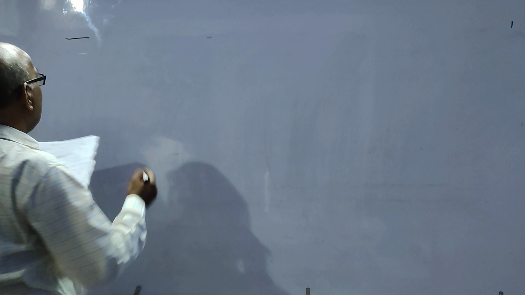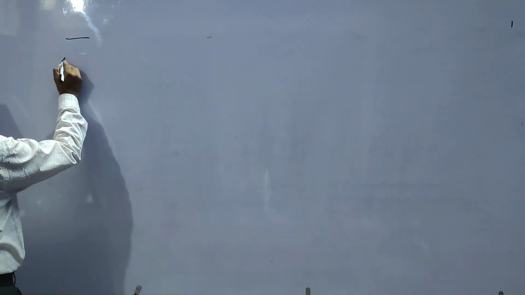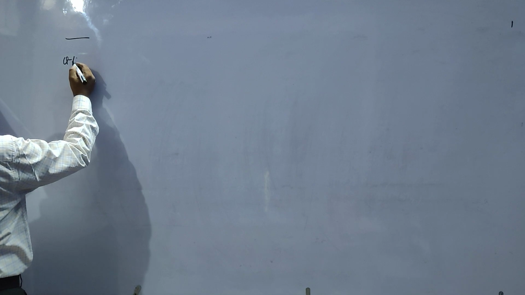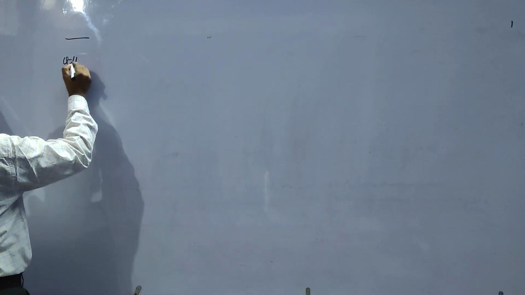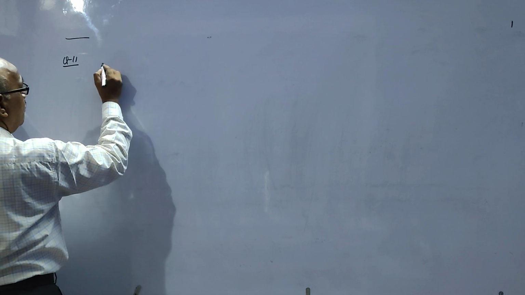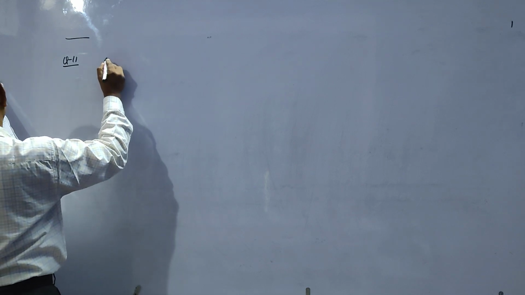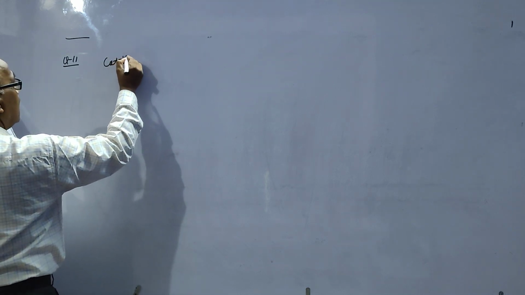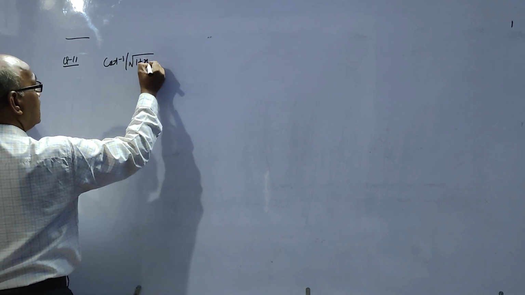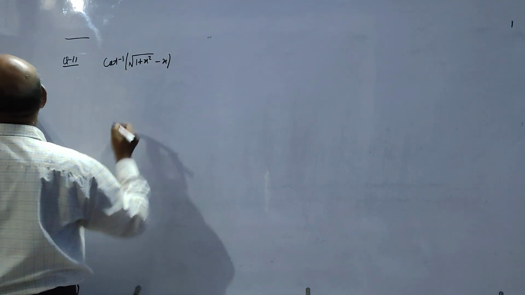That is question number 10. Question number 9, 8, 10. That is question number 11 we can say. That is equal to d over dx of cot inverse under root 1 plus x square minus x.